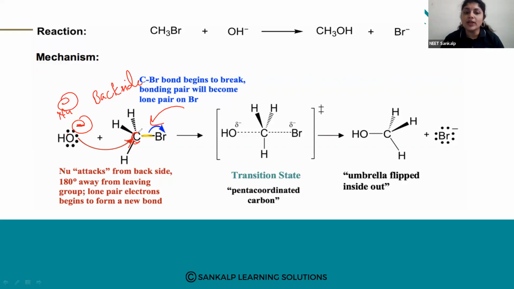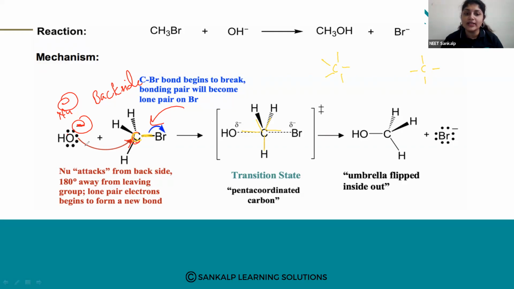Carbon, how many valency does it have? Carbon has 1, 2, 3, 4, 5 bonds. Does carbon have 5 bonds? No. So it is a penta-coordinated carbon. When carbon is penta-coordinated, it is unstable because carbon can have a maximum of 4 valency. So here the C-Br bond begins to break.